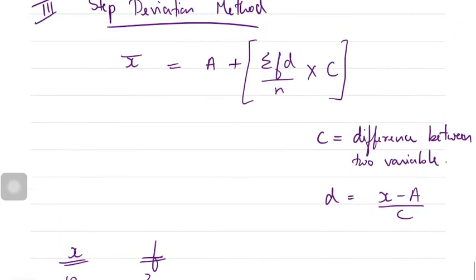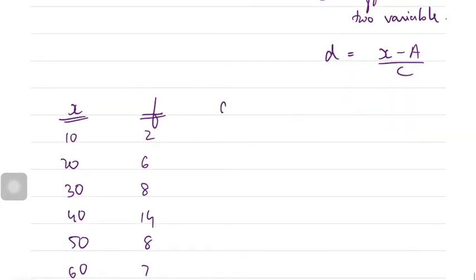My next column will be D, and D is x minus A divided by C. In case of deviation method or shortcut method, D was x minus A. In case of step deviation method, D is equal to x minus A divided by C.